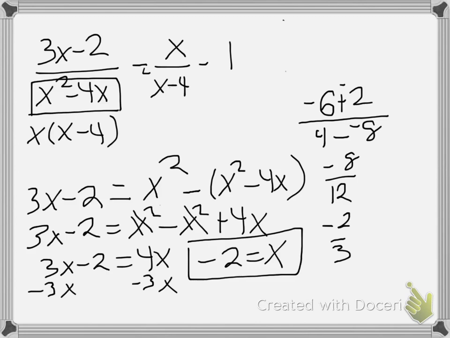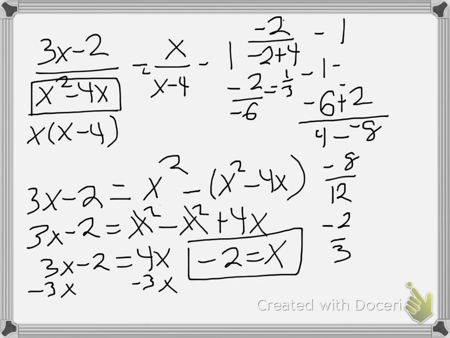I've got my negative 2 over negative 2 minus 4, and I have to subtract 1 from that. So I've got negative 2 over negative 6, or 1/3. So I've got 1/3 minus 1, which is equal to negative 2 over 3. Are these two equal? Yep. So we're good. Our answer is good. It's not extraneous.